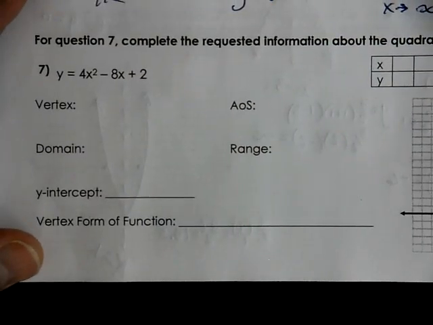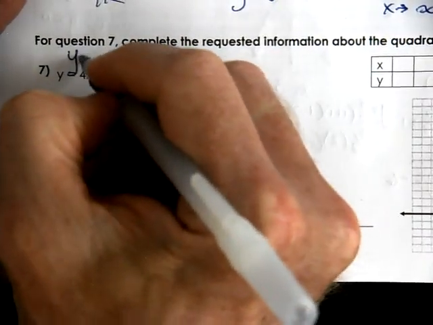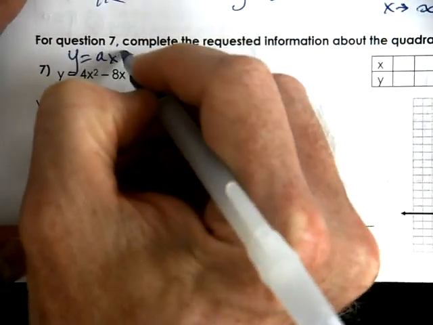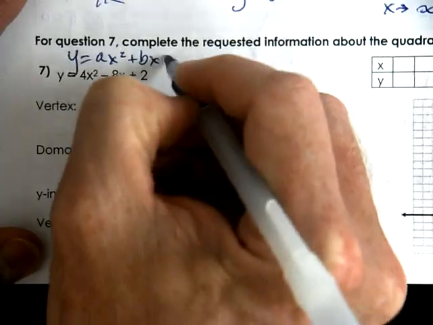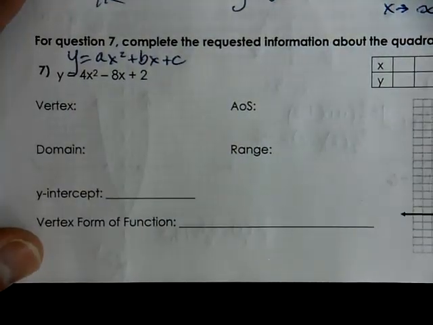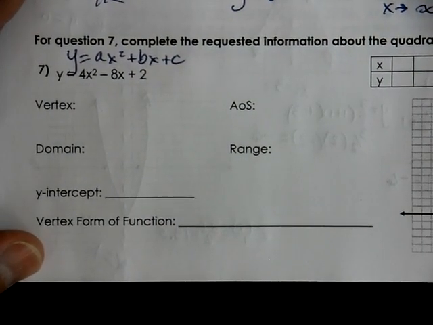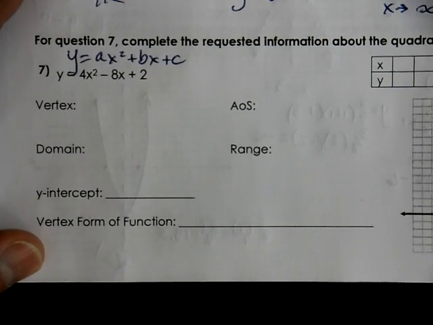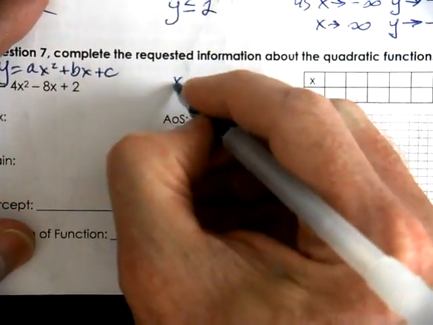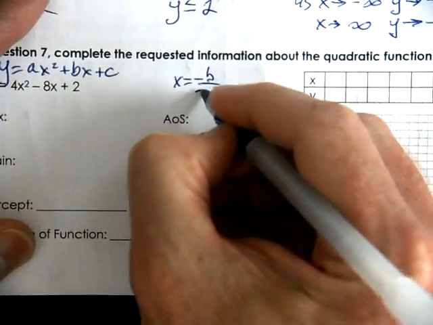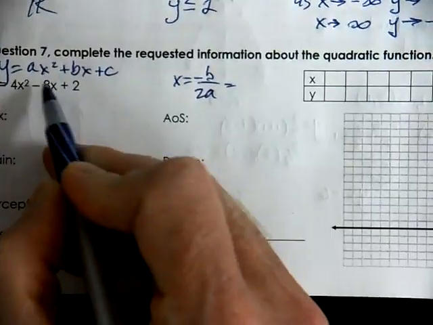Here we have standard form. To graph standard form, very similar to the other quadratics, we're going to need to find the line of symmetry. The line of symmetry is done by x equals -b over 2a.